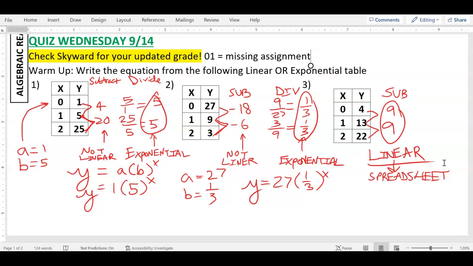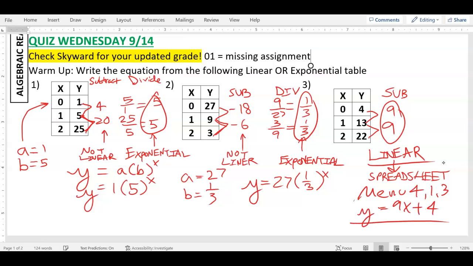How do I get the equation, a linear equation from this table? I go to spreadsheets and I press menu what? 413. Okay, so if you find that it's linear, will you be able to put it into spreadsheets and do menu 413? Okay. If you did that on this one, you'd get y equals 9x plus 4.